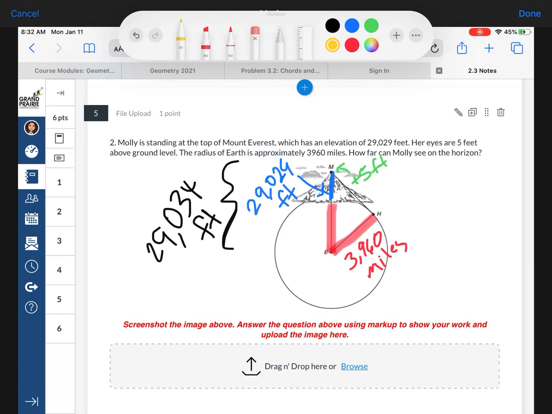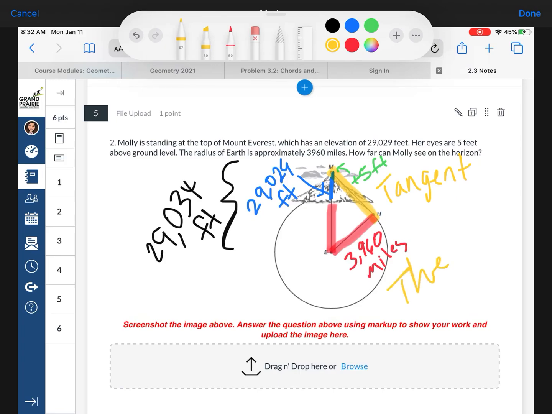And last thing here, let's recognize that this yellow part is the tangent. We have a tangent. Okay? So I just want you to be able to notice this information. It says, how far can Molly see on the horizon?